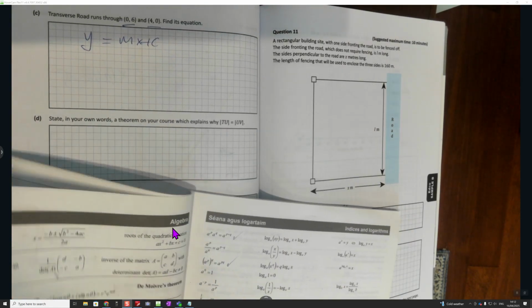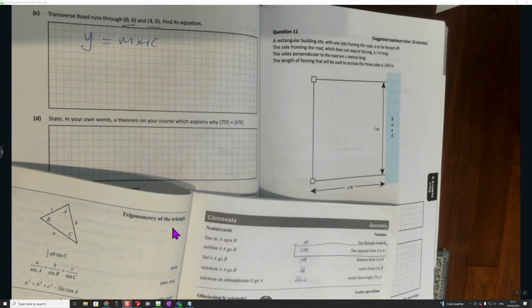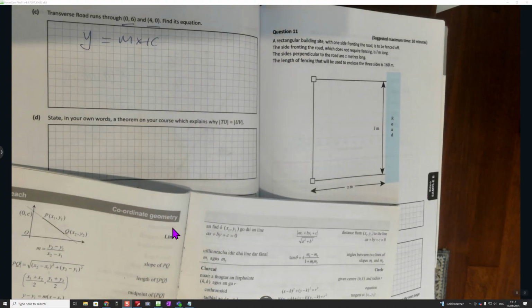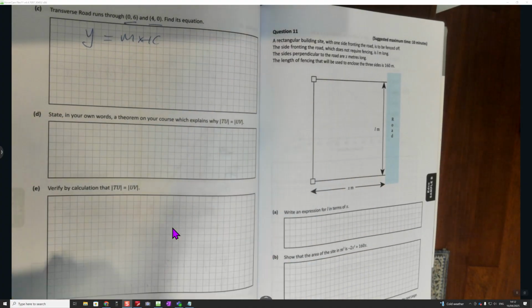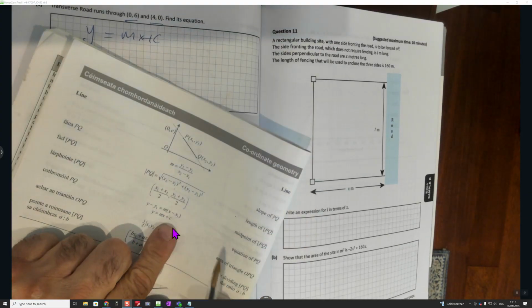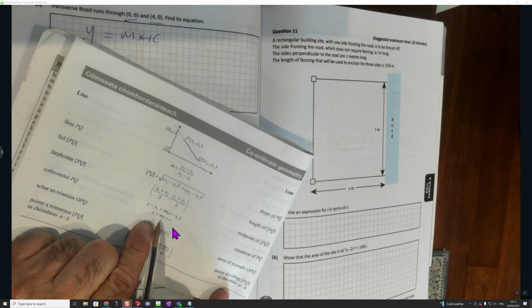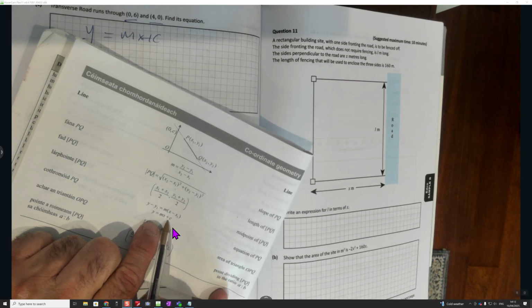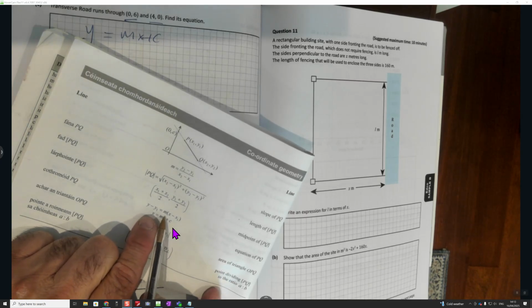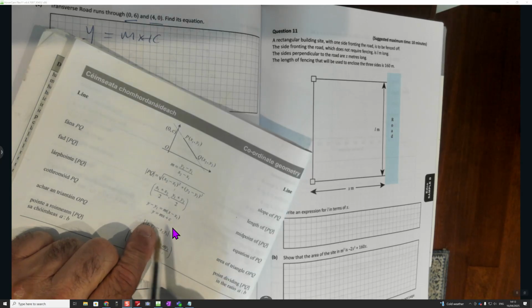Okay, I'm going to coordinate geometry, page 18. And we see that the equation of a line is written in 2 forms. It doesn't name it, but you need to learn off that this is the slope intercept form and this is the slope point form.